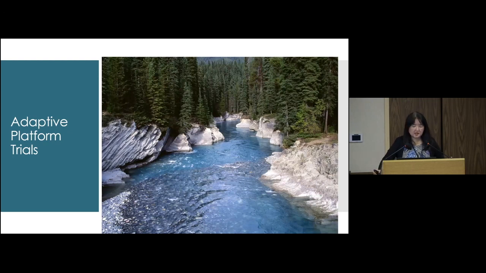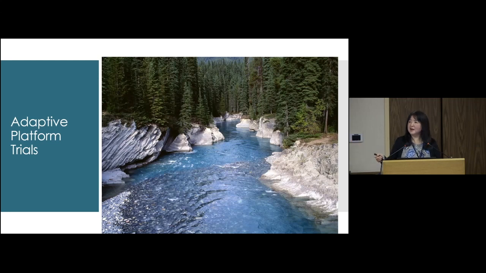You can think of adaptive platform trials as going along a river, whether you're kayaking or canoeing. When we do traditional randomized trials, we plan before we start the trial. We gather all the information and try our best to set the course. Think of it as an automatic setting, but it can't adjust.